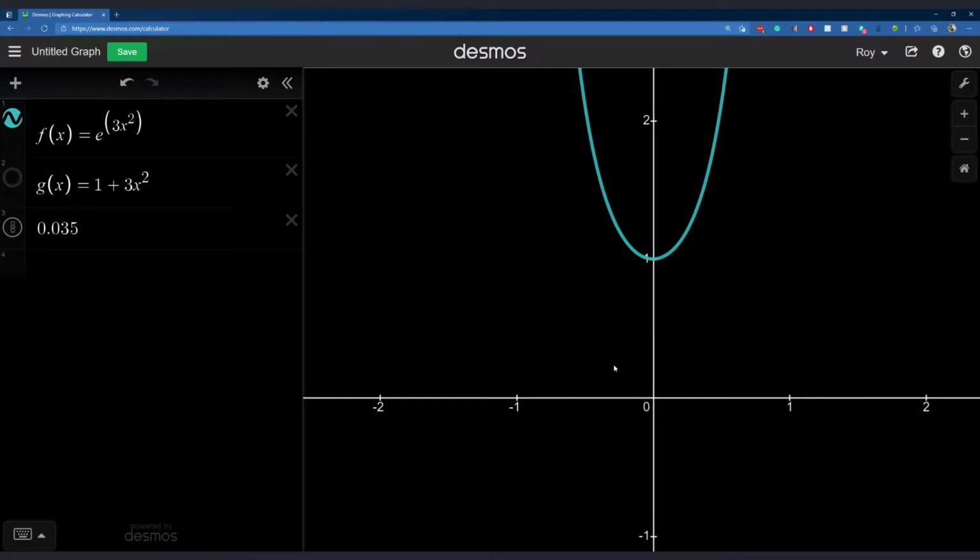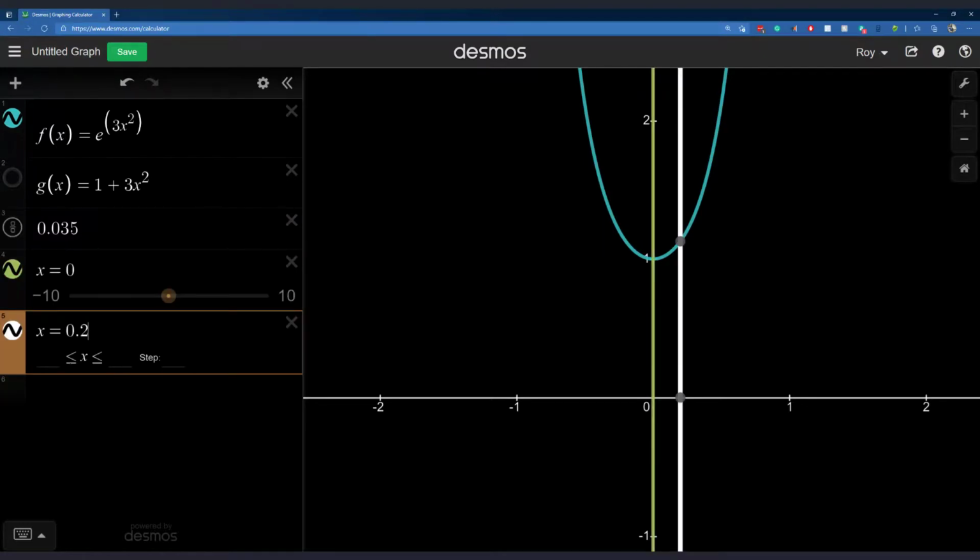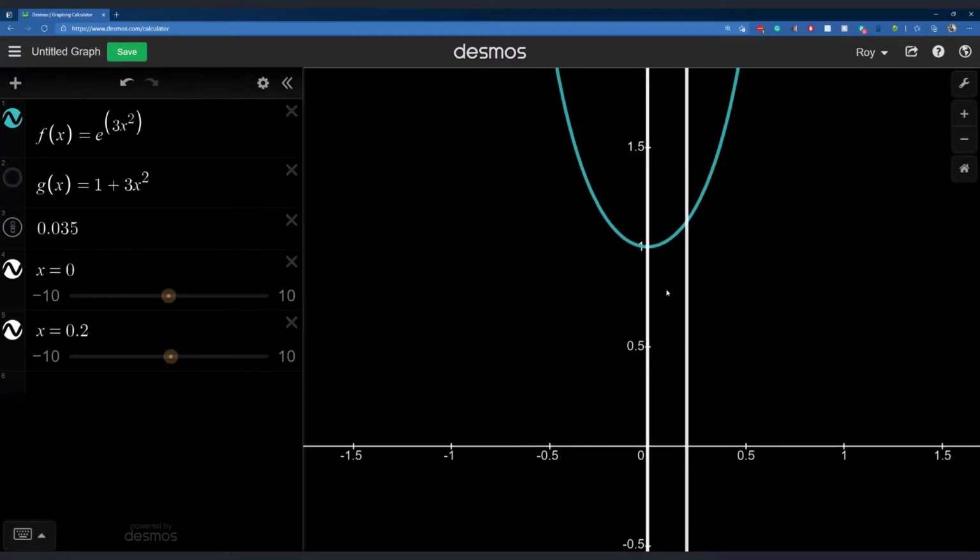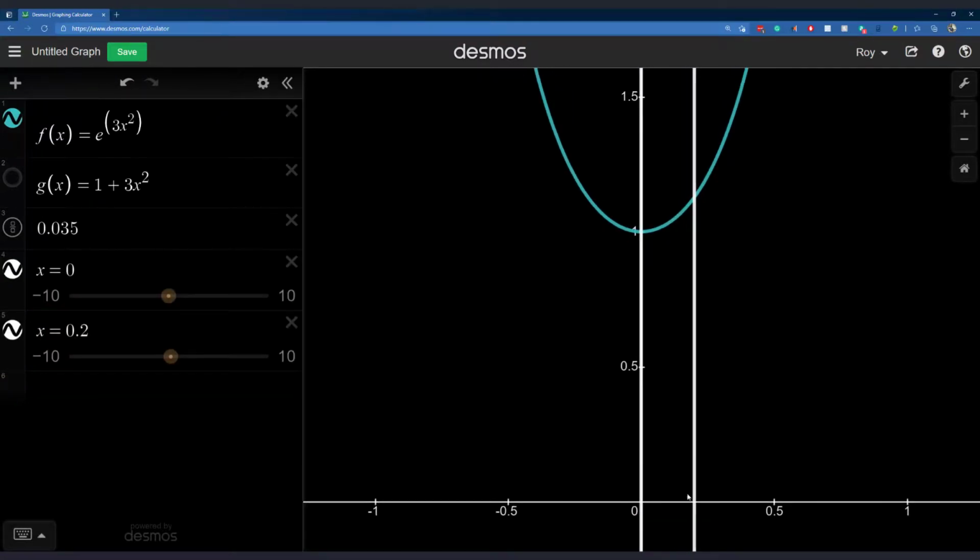And I'll zoom in here because the interval that we're concerned with is from 0 to 0.02. Actually, in fact, let me showcase that. I meant to say 0.2, not 0.02. Let me color these slightly differently. There we go. So the interval from 0 to 0.2 is highlighted with those white vertical bars there.